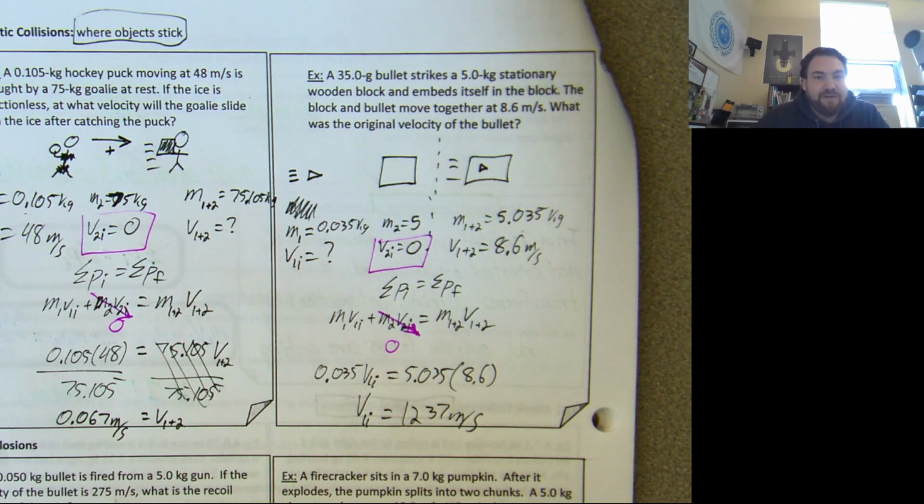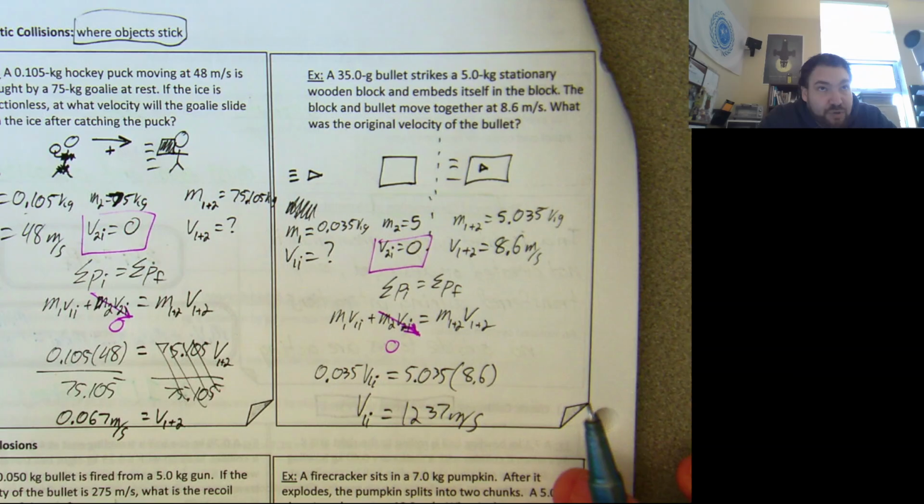That thing is moving. And a 35-gram bullet is a big bullet. That is not your standard hunting round. That is a much larger round.